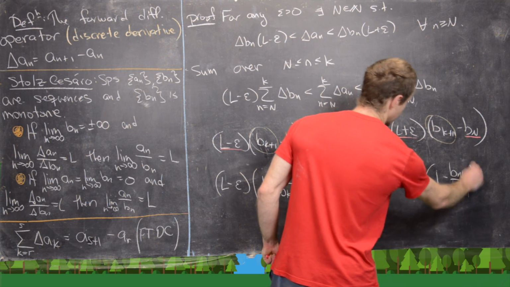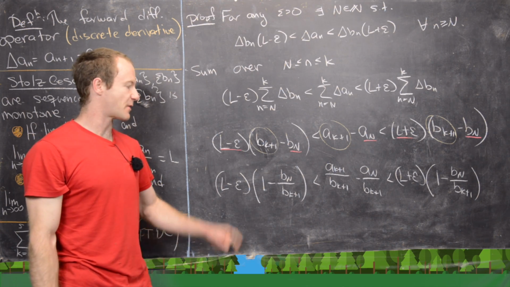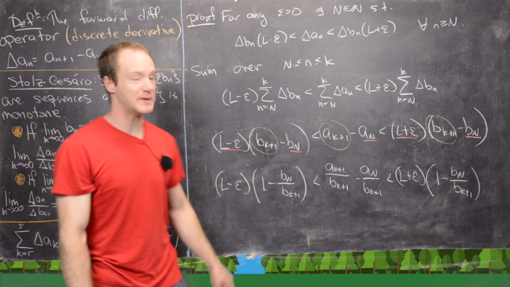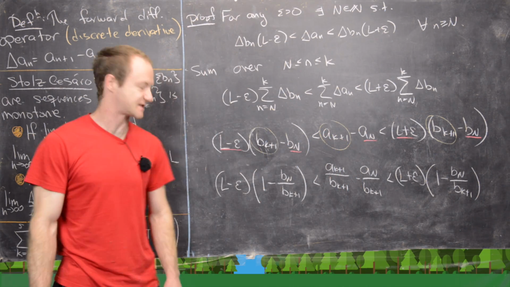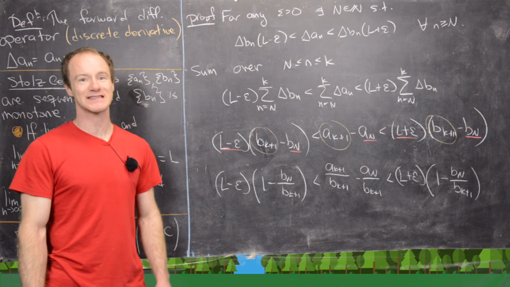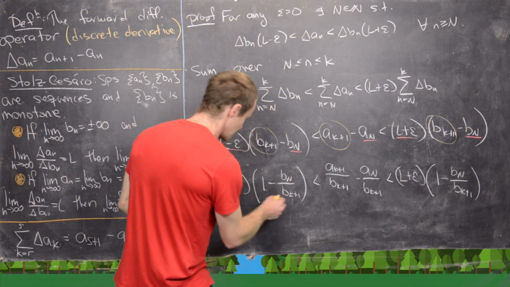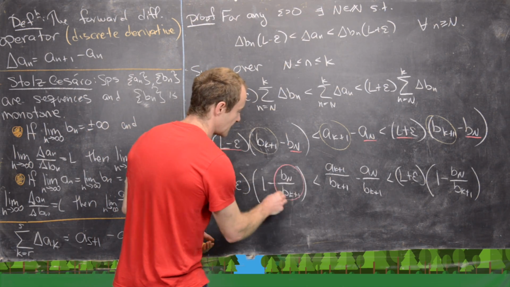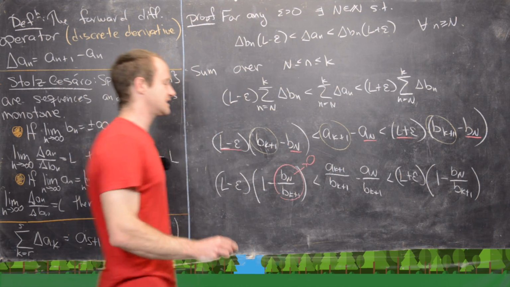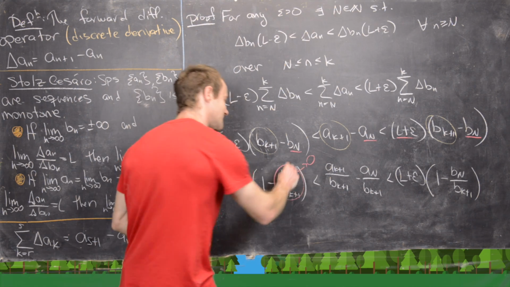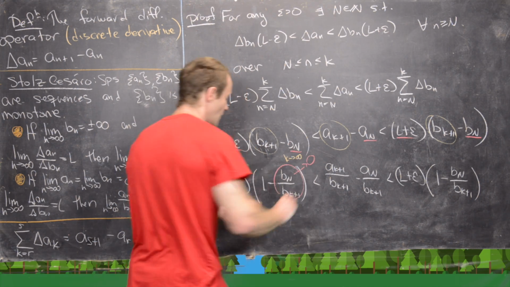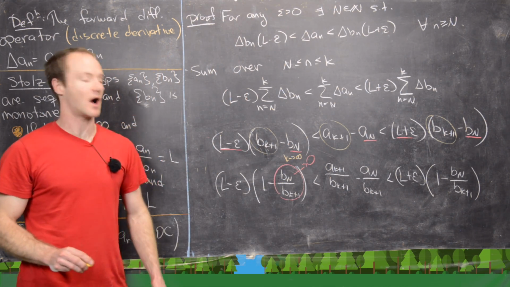Now we're actually in a really good spot because we know that b k plus 1 will trend to infinity. Remember, that was one of our assumptions, which means as k goes to infinity, this term right here is going to go to 0. So let's talk our way through that. So how do we know that that goes to 0 as k goes to infinity? Well, recall b sub N is a constant.